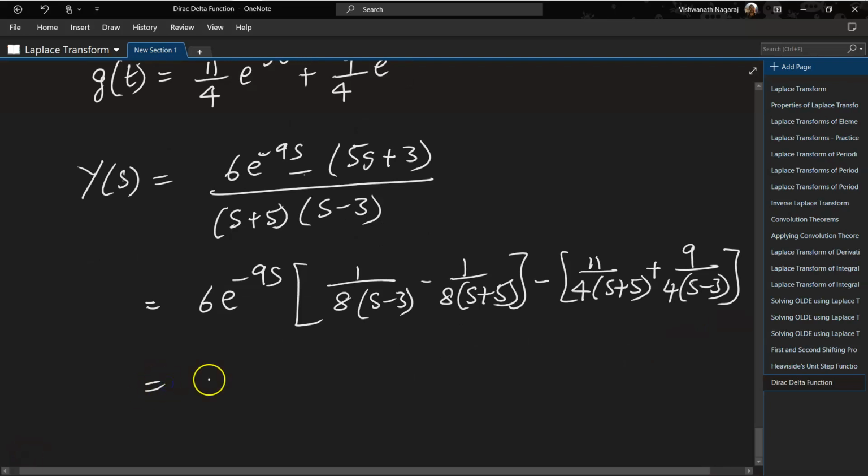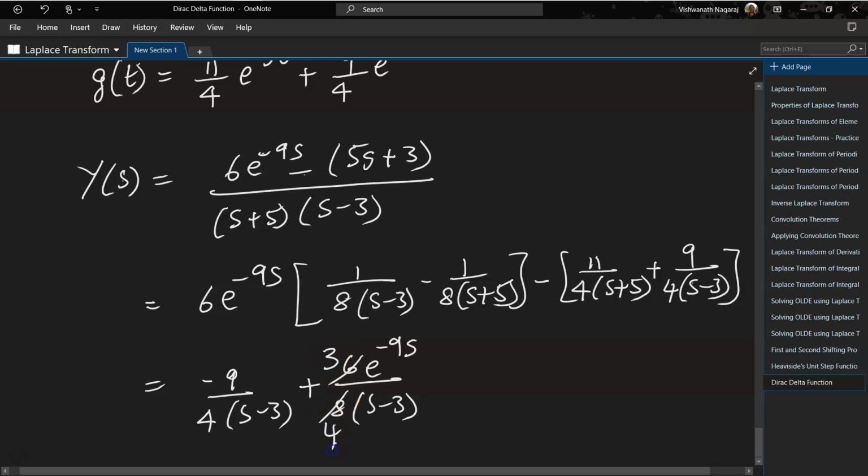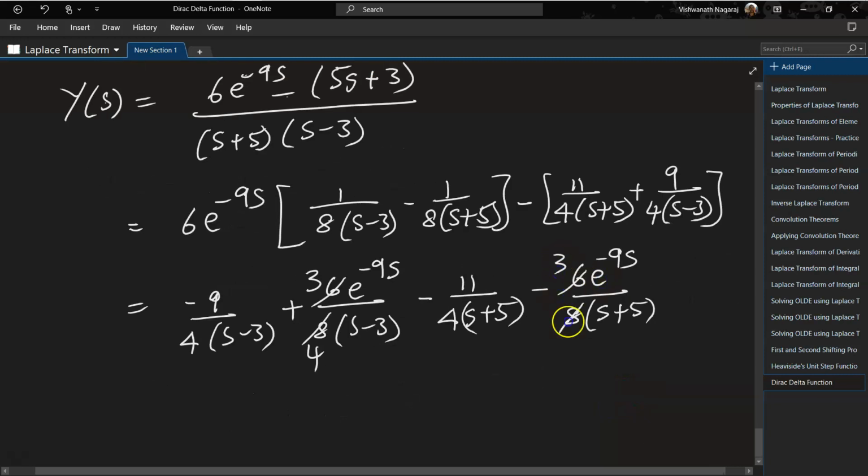Now let's open up the whole thing and take the terms with the same denominators together. With the denominator s − 3, we end up with −9/4 plus 6e^(−9s)/8, times 1/(s − 3), and 6/8 is 3/4. With the denominator s + 5, we have minus 11/4 minus 6e^(−9s)/8, and again 6/8 is 3/4.